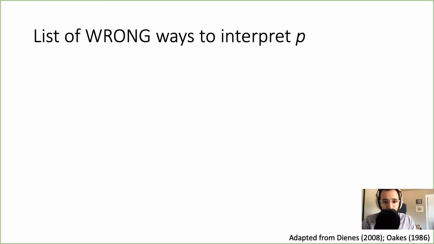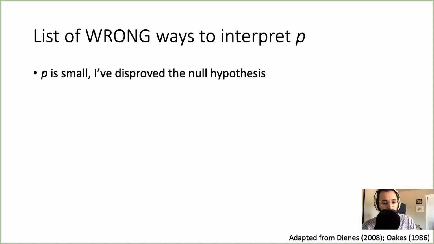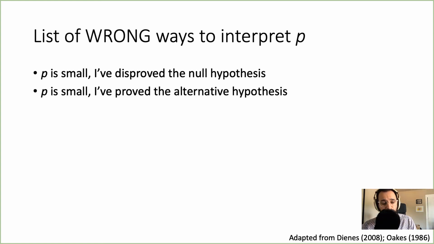Let's keep going. This list is adapted from a book I love by Zoltan Dienes. I actually don't know how to say his name, but this is a list of the wrong ways to interpret your p-value. Number 1, P is really, really small, so I have disproved the null hypothesis. That's not true. That's never going to be the case. Another way, P is small, I've proved the alternative hypothesis.